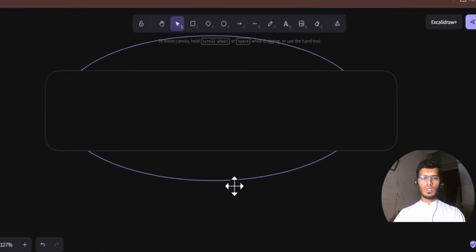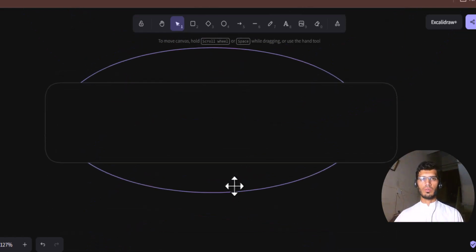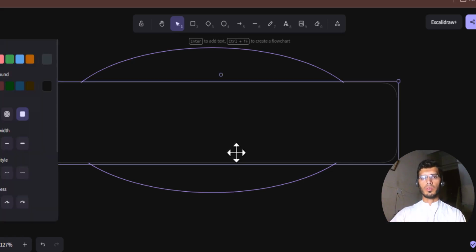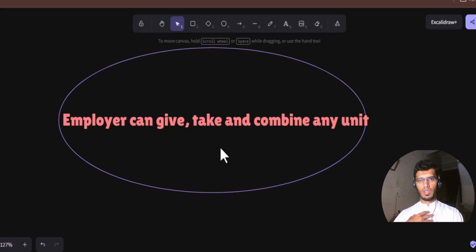Now, one question you should ask the interviewer is whether the employer can take the unit of gold back from the employee and give him something else. This is a constraint that helps us solve the problem: the employer can give units of gold as well as take them back, and combine units so that the required sum can be achieved.